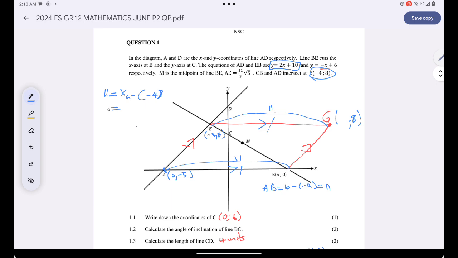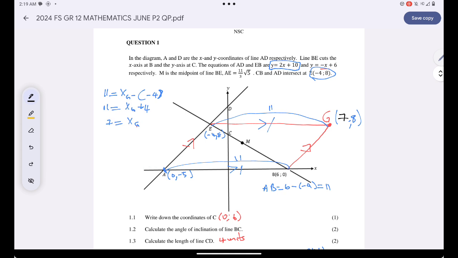So 11 equals x at G plus 4. Whenever I take the 4 to the other side, I'll have 11 minus 4, which is equal to 7. So x at point G is equal to 7.